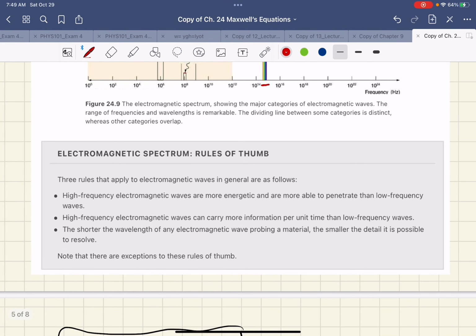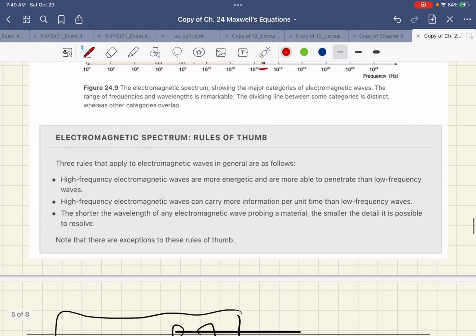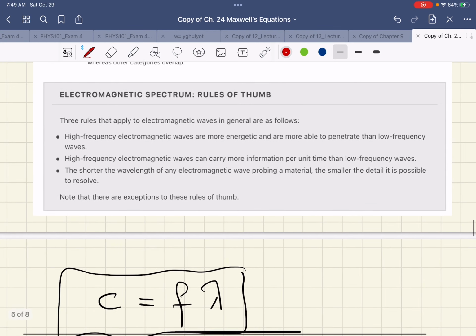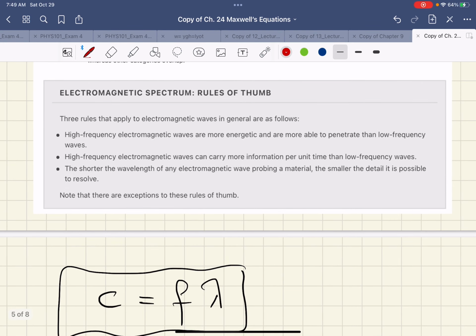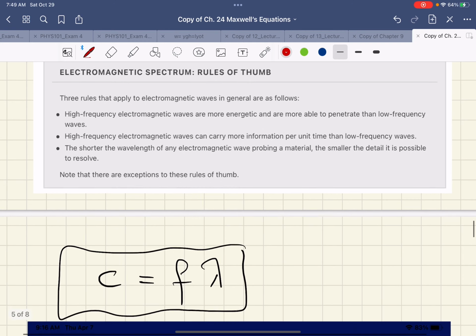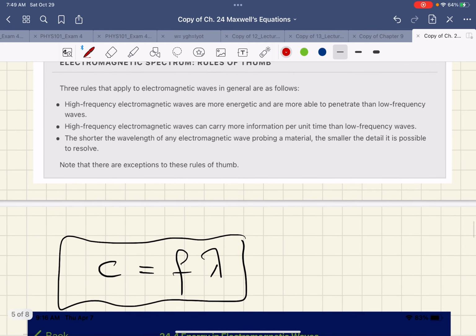Now also here, 3 rules that apply to electromagnetic waves in general. High frequency electromagnetic waves are more energetic and are able to penetrate more than low frequency waves, and this is why gamma is dangerous. High frequency electromagnetic waves can carry more information per unit time than low frequency waves, and the shorter the wavelength of any electromagnetic wave probe in a material, the smaller the detail it is possible to resolve.